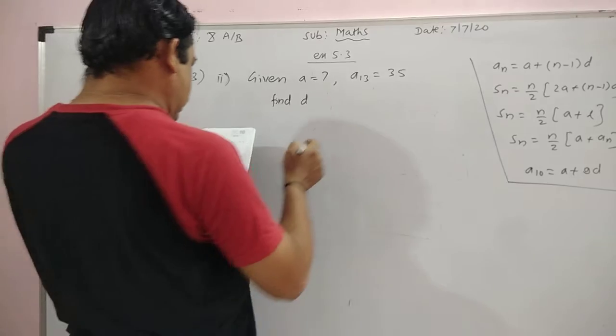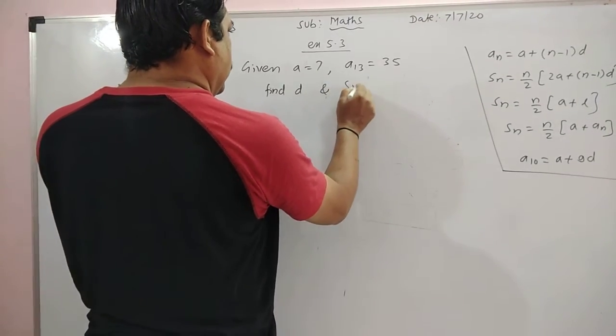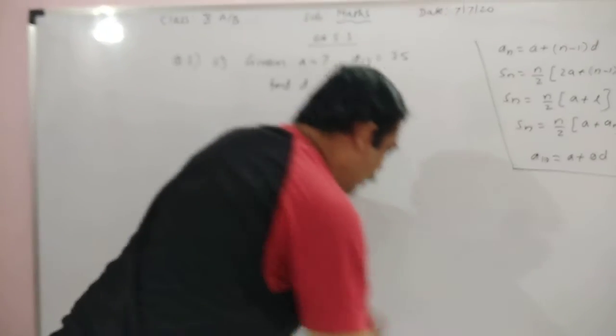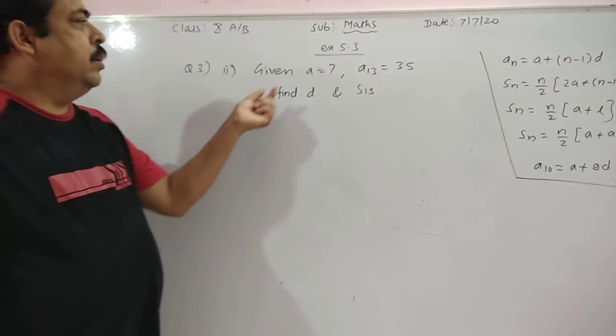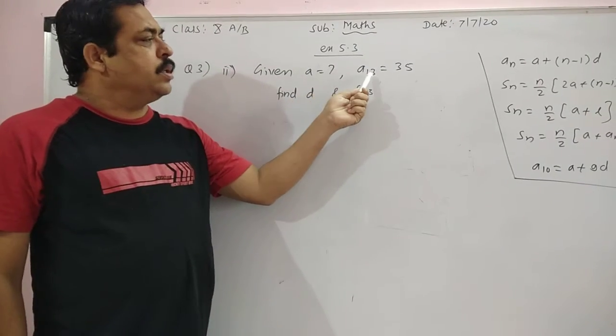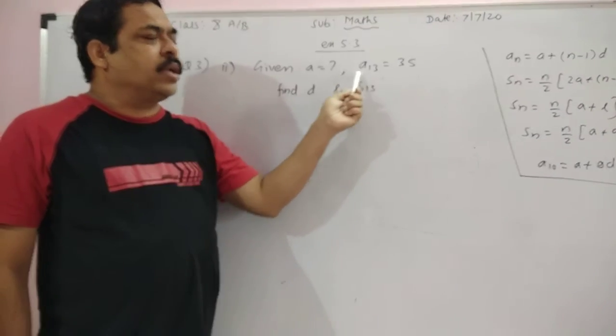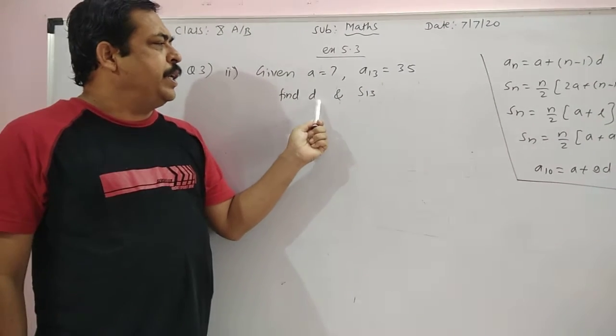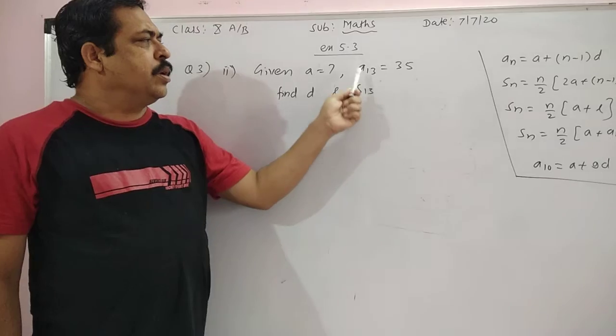Find D and S13. The two things are given. A is equal to 7, the first term is given, then A13 means the 13th term of that AP is given, that is 35. We have to find D and S13.